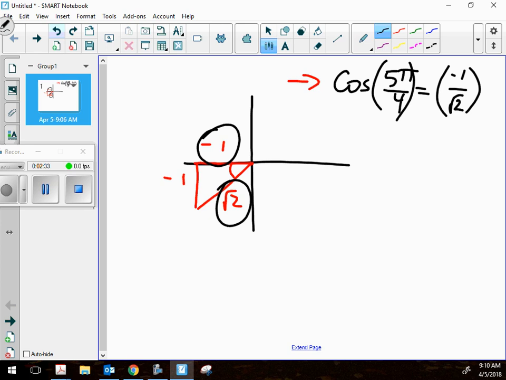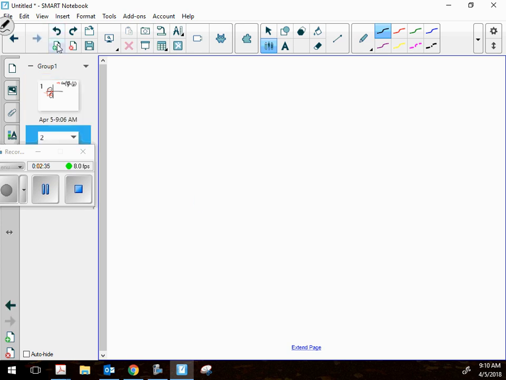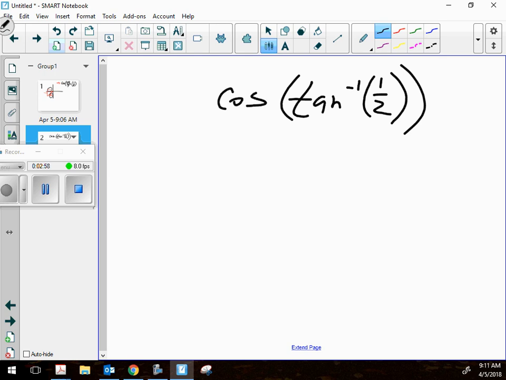Now, let's do one that's actually an inverse trig question. Inverse tan of 1/2, but wait, it's nested, and they want the cosine of that.